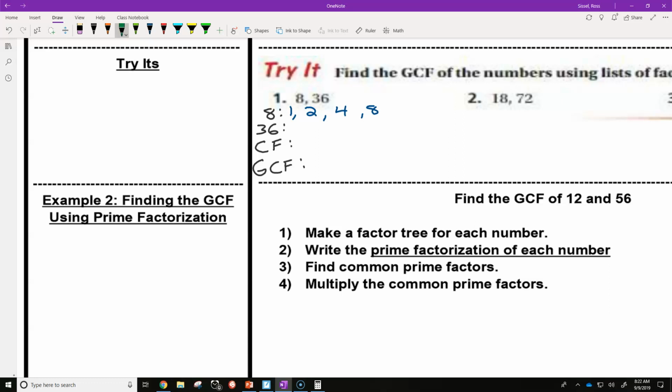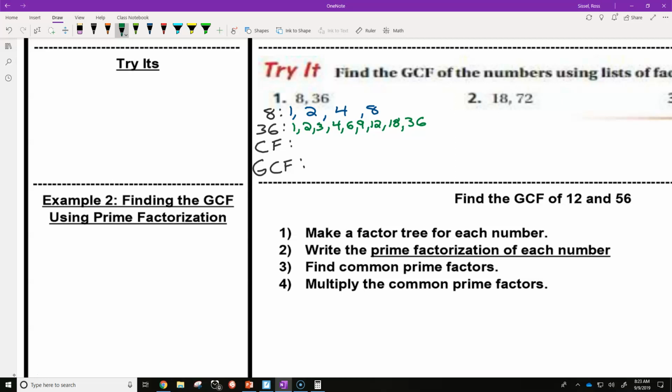Alright, what are my factors of 36? 1 and 36, 2 and 18, 3 and 12, 4 and 9.